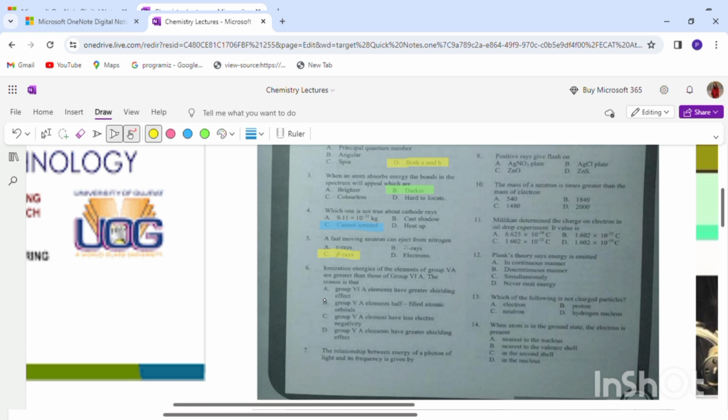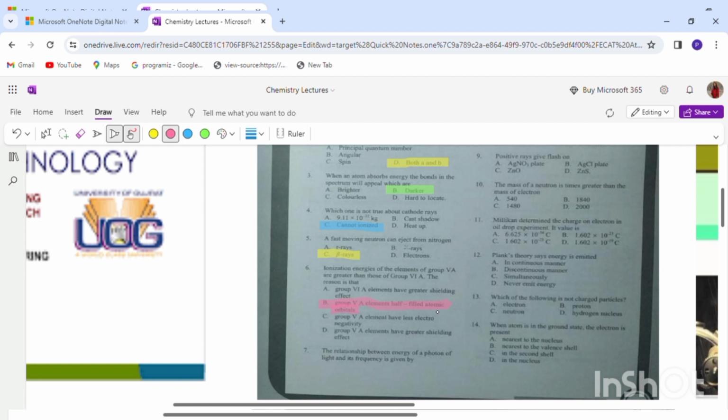Third, group 5A elements have high electronegativity. D, group 5A elements have greater shielding effect. So our correct option here would be B, which is group 5A elements have half filled orbitals.